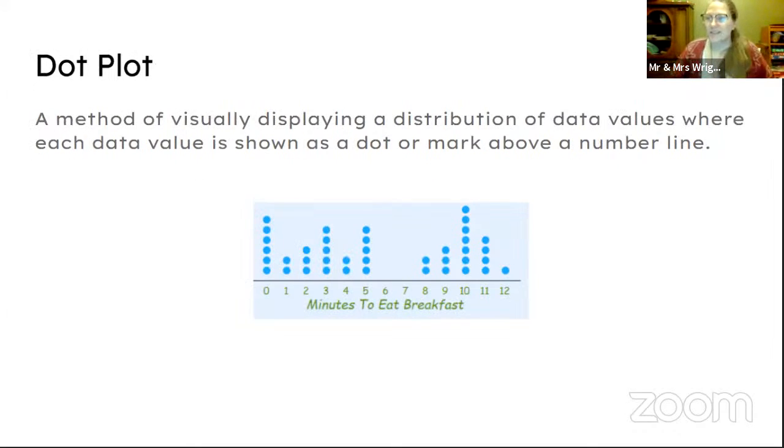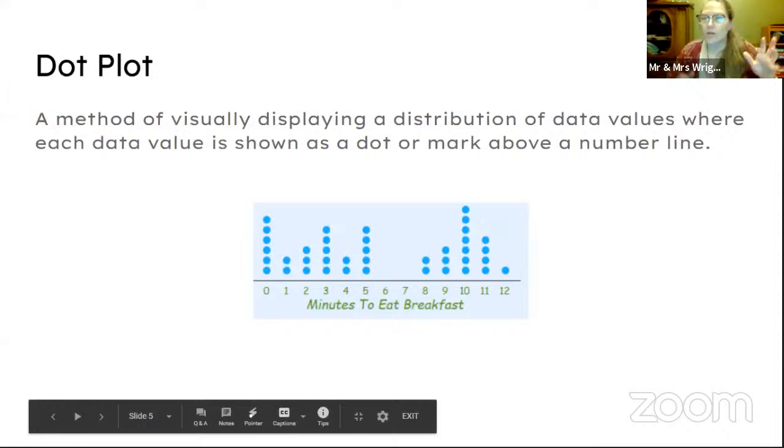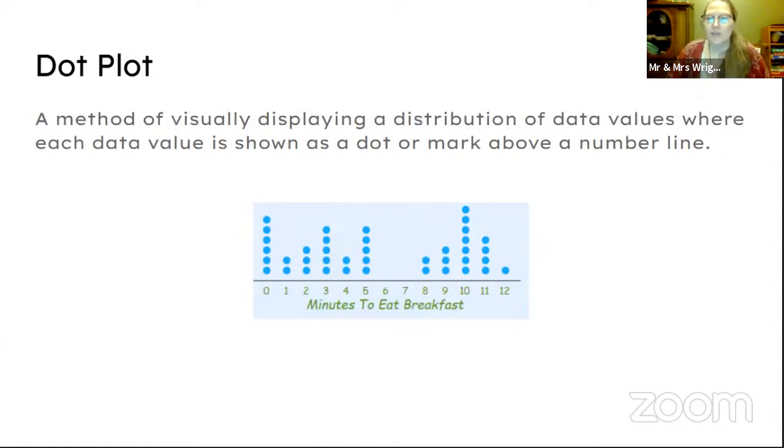Dot plot. Just like the box and whisker plot was a visual representation of our data, our dot plot can be the same thing. So this dot plot shows us how we took a poll of a group of people and asked, how many minutes does it take you to eat breakfast? And we had them time themselves, and this was their answers.